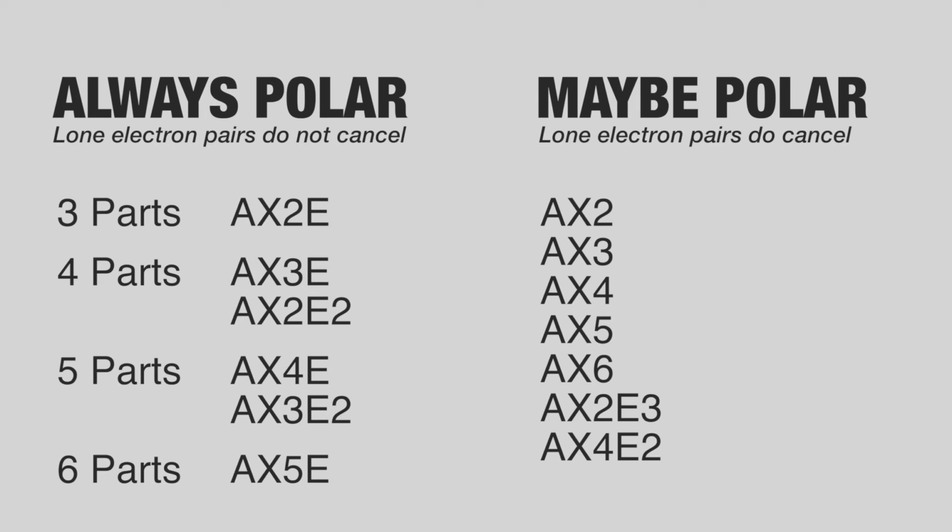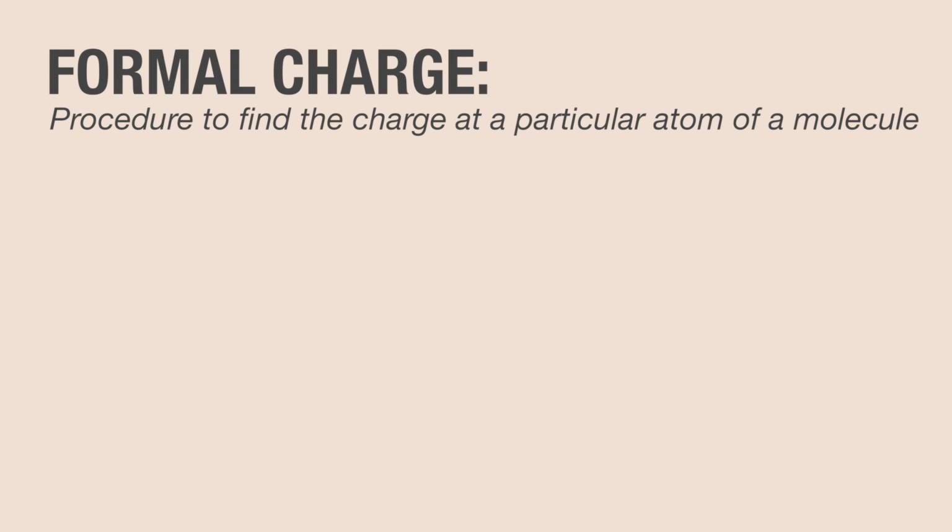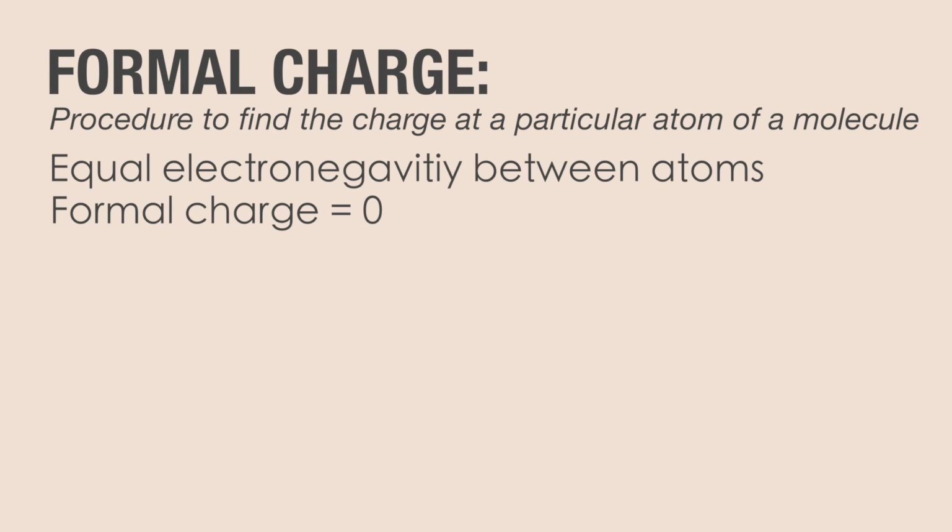Okay, so now that we've finished learning about VSEPR and polarity, what does this lead us to? Formal charge is a procedure by which chemists can find the charge at a particular point of a molecule. If all atoms have equal electronegativity, then the formal charge will be 0.